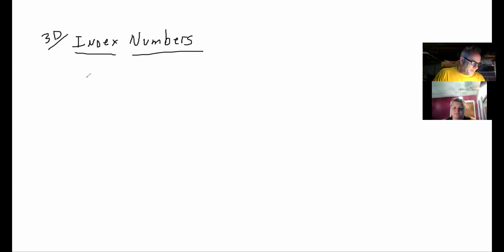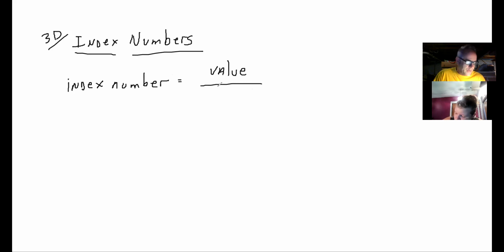So I'm just going to define the formula out. Basically, an index number will be the value divided by your reference value, whatever that is that you're comparing it to.